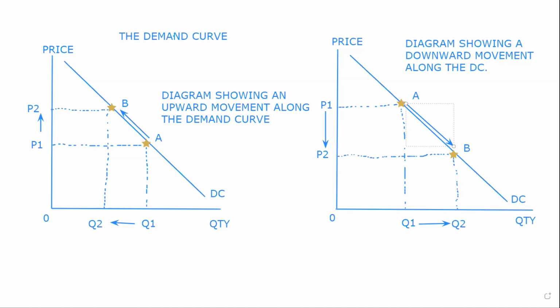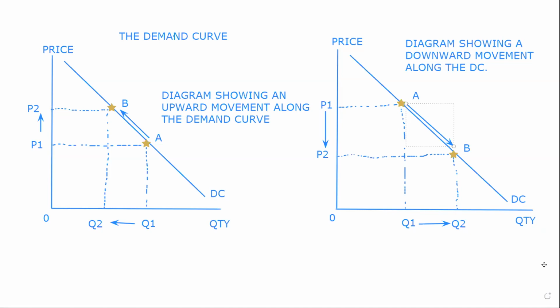And this is how a downward movement will look like for your demand curve. We can say that there's an extension. It's going to keep going and going until we probably run out of money or so. But when price keeps decreasing, we are going to keep demanding.